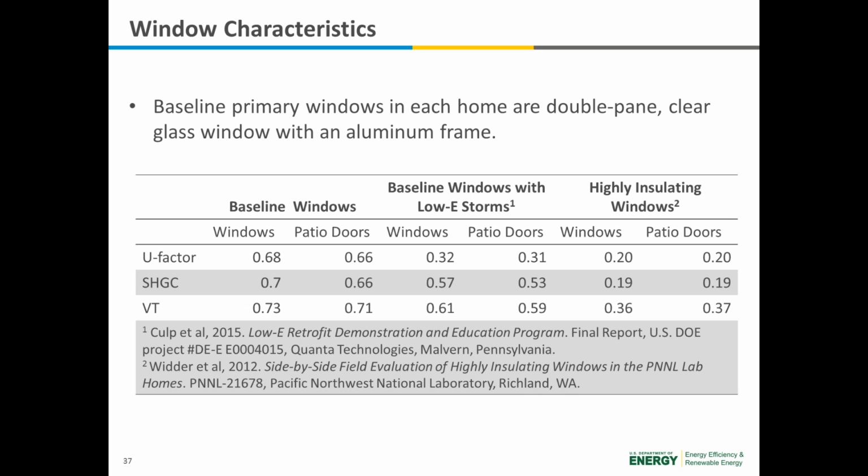Just as a comparison, we have the R5 triple pane argon windows that were studied by Sarah Witter, who's also at PNNL. And as you can see, they significantly reduce the solar heat gain and U factor, but the low-E storm windows give us a good middle ground.